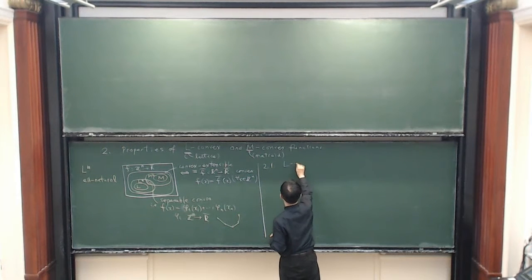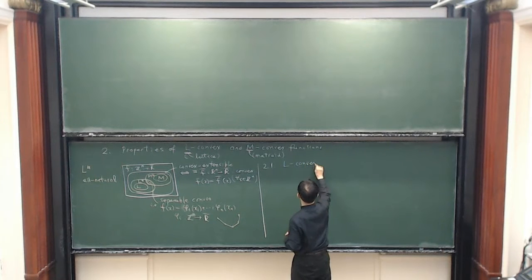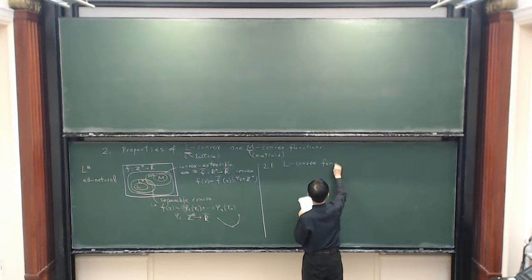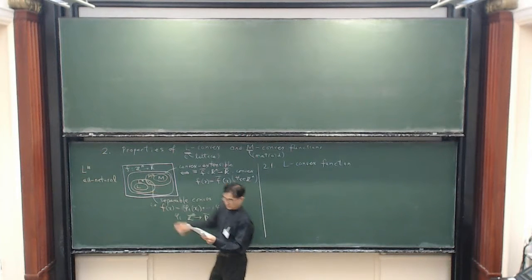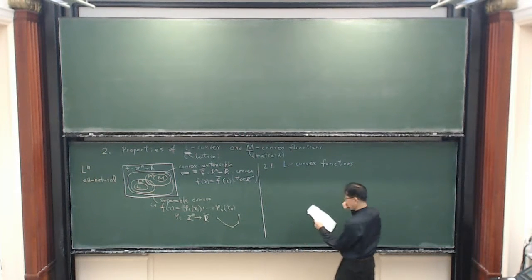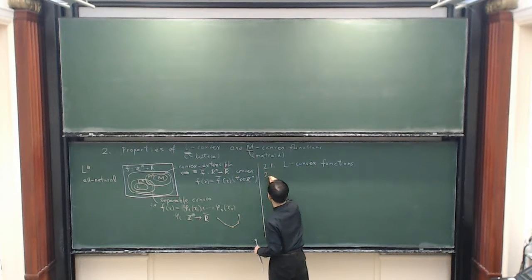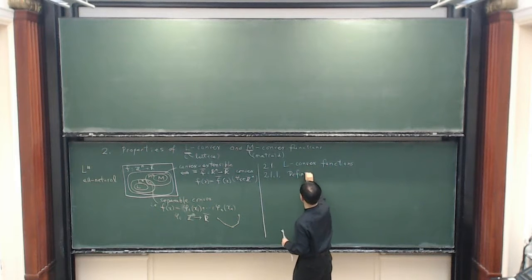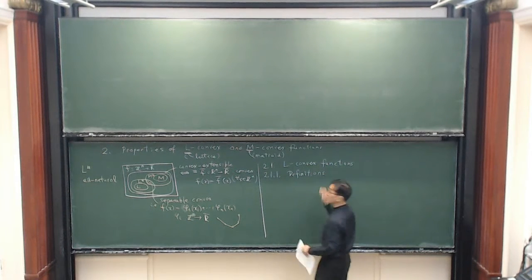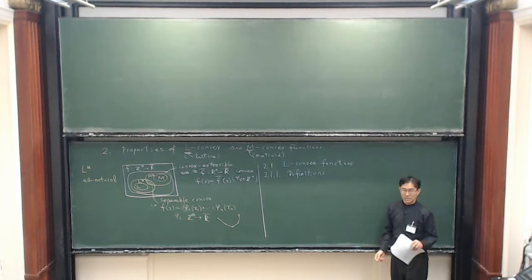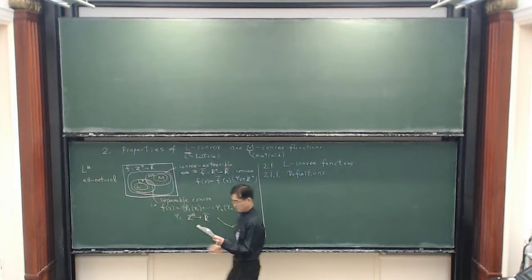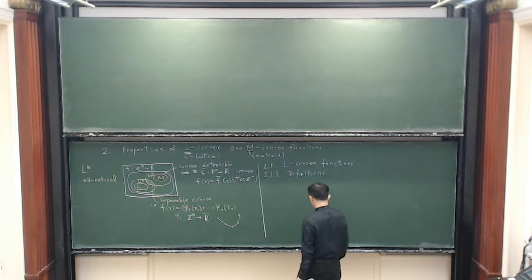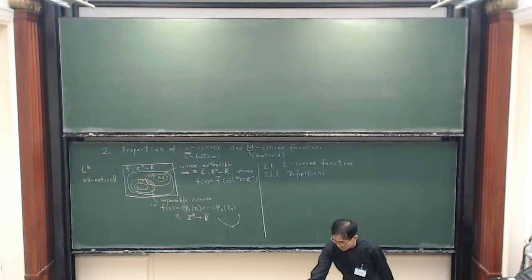Now I consider L-convex functions as well as L-natural convex functions. So the definition is this. Actually, there are a number of equivalent definitions. But let me start with the definition of L-convex here. And I have a convention for notation.